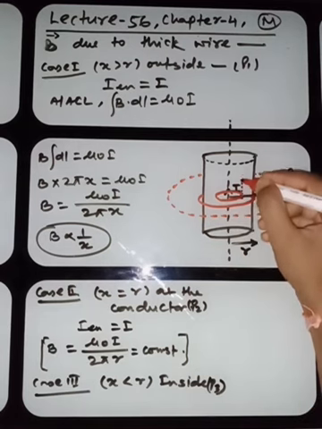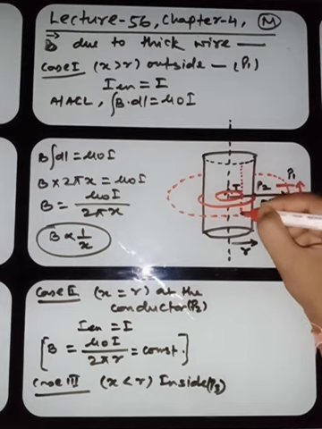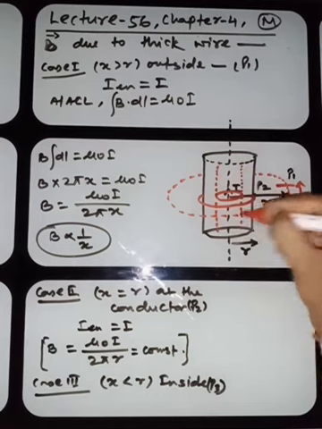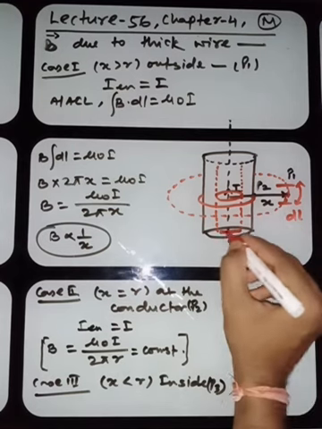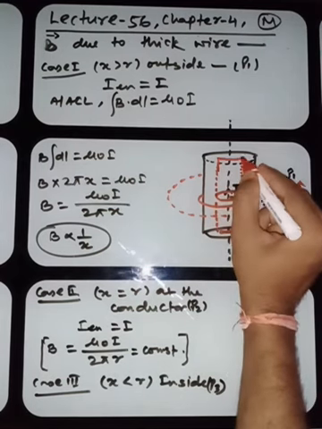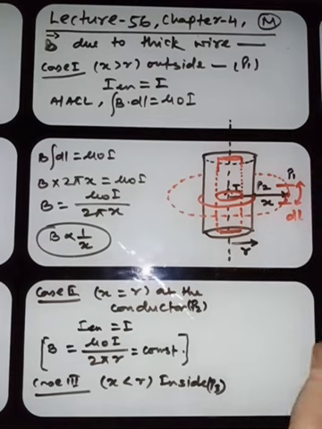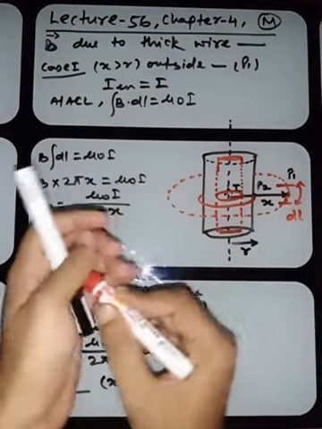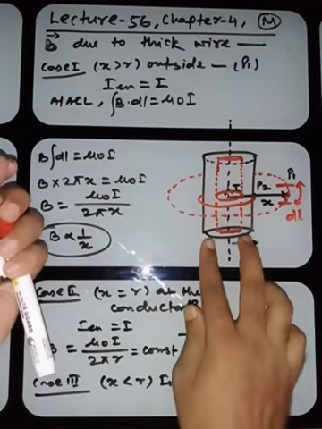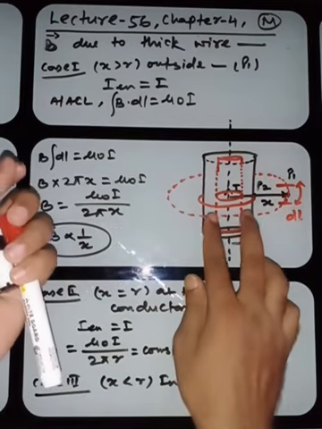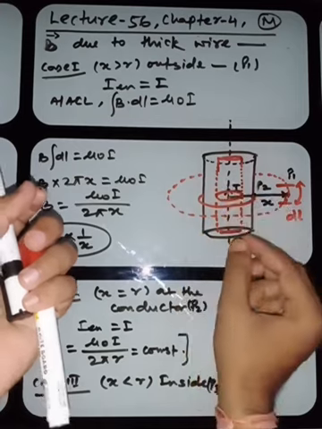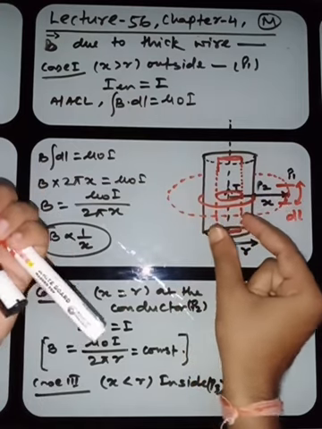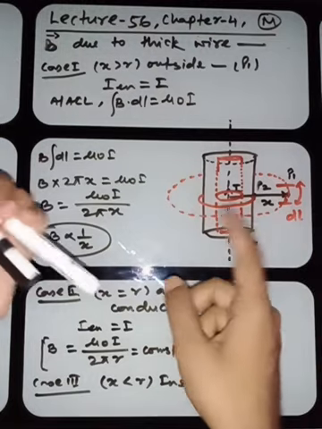It means only this portion of the conductor has its current enclosed. So our first duty is to find how much current is flowing through this red conductor, which has a radius x which is less than r.